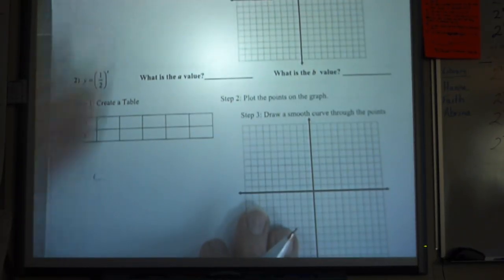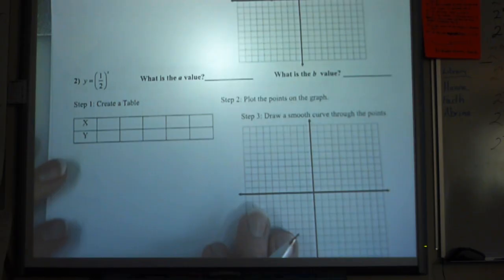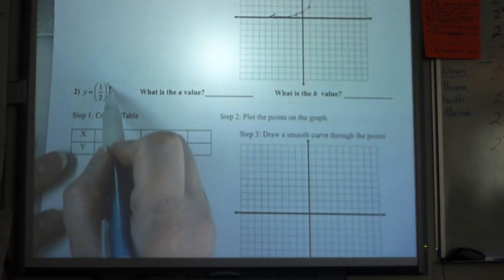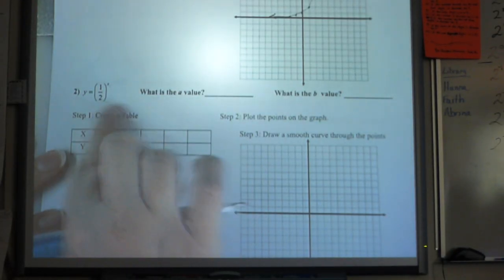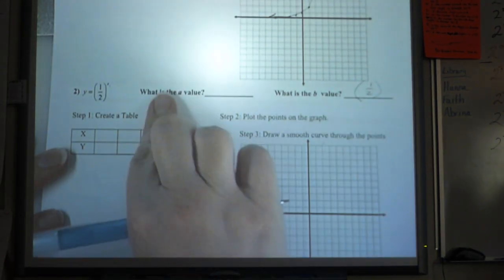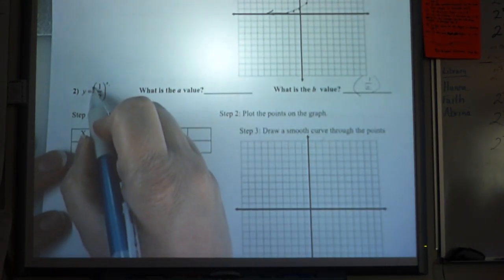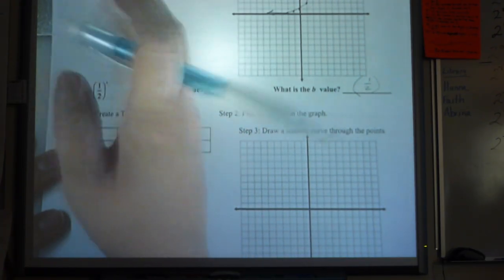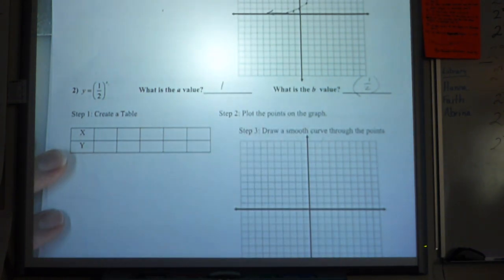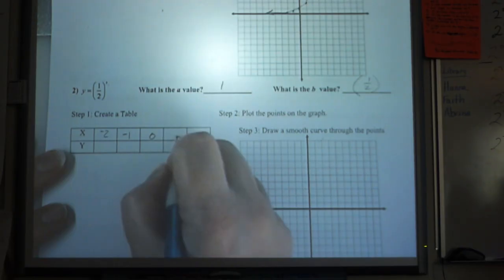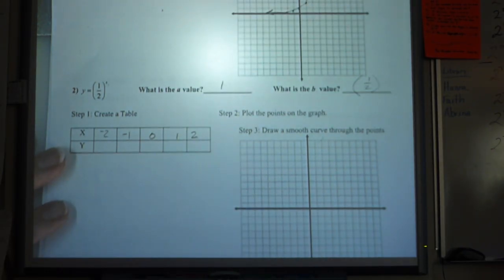All right, let's look at number 2. Y equals 1/2 to the x power. Okay, so here's our base that's getting raised to a power of x. So what's our base b? 1/2. And what's the a value here as well? It's also 1. Okay, so our a value, our starting amount, is just 1. Okay, let's do -2, -1, 0, 1, 2.